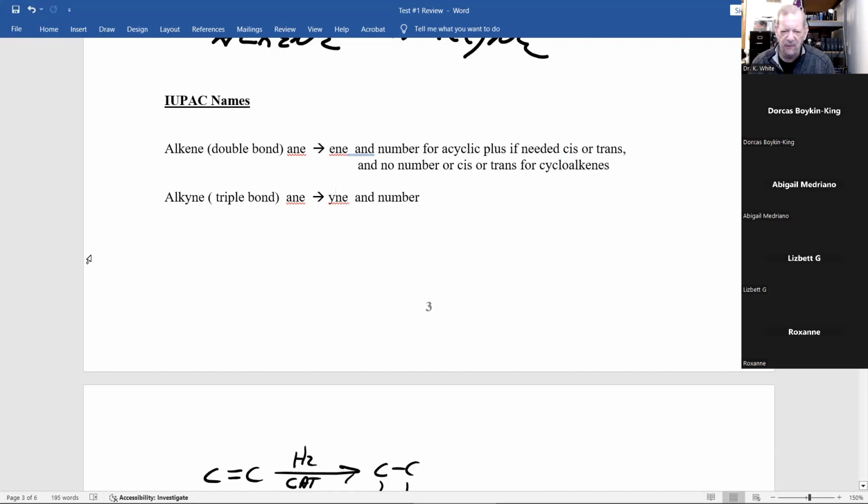One of the carbons in the triple bond will always have the lowest number, closest to the end of the chain. And in a triple bond, you cannot have cis or trans. I think only once in the last 30, 40 years, about 34 years ago, maybe longer, I saw a paper where they had a triple bond in a ring. You don't see that in real life, and I won't have that.